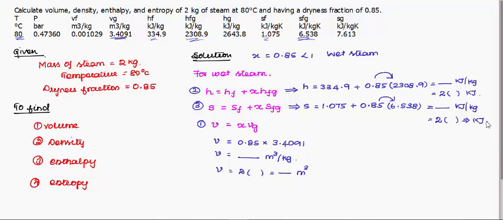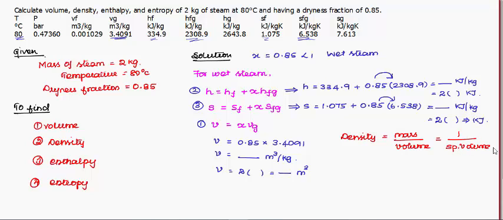Then the last step, density. How can we calculate the value of density? Listen. Density equal to mass by volume, this is the general relation. Mass by volume can be represented through specific volume, that is, 1 by specific volume.